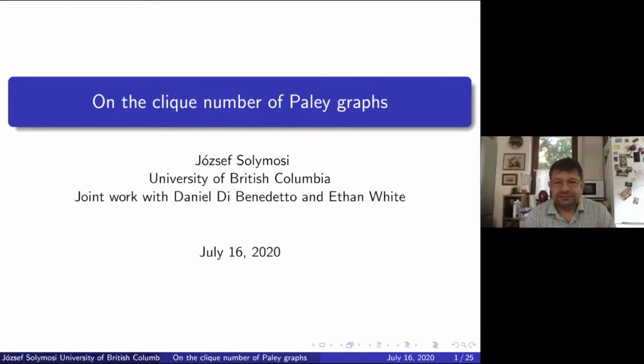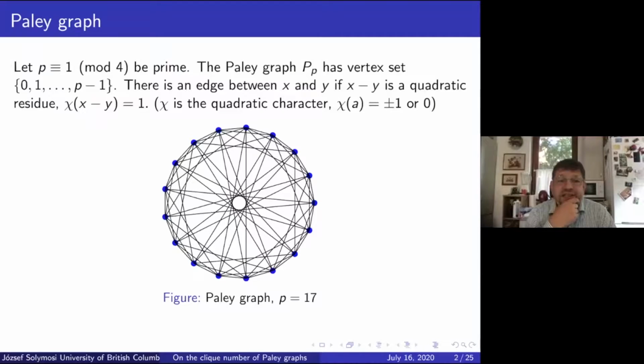Right, so Paley graphs. Paley graphs are usually defined over finite fields for primes of the form 4k plus 1, so p congruent 1 mod 4.